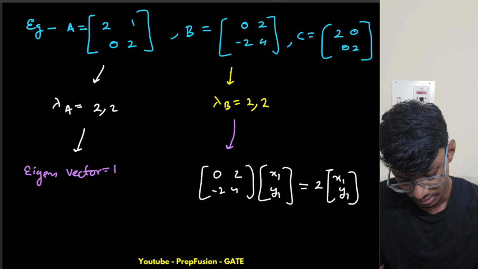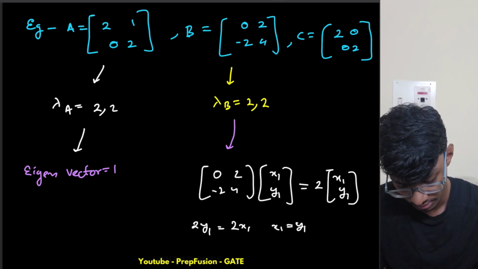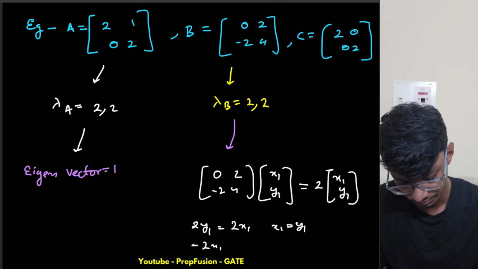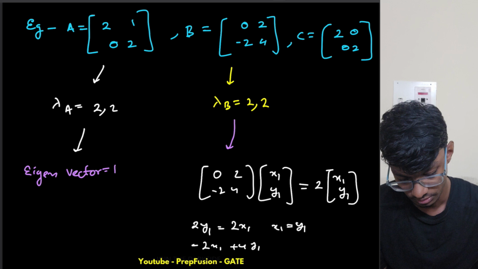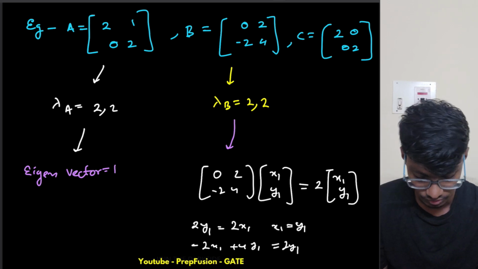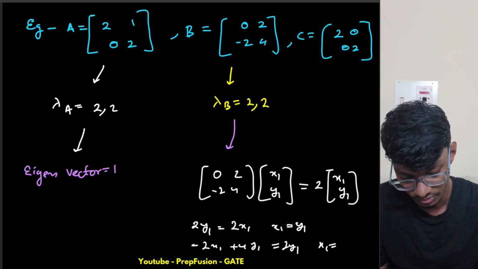So this is 0 times x1, this is 2 times y1 equals 2 times x1. So x1 equals y1 itself. So that is one relation. Now this is minus 2 times x1 plus 4 times y1, which equals 2 times y1. Again, what do I get? I get the same relation only, x1 equals y1.